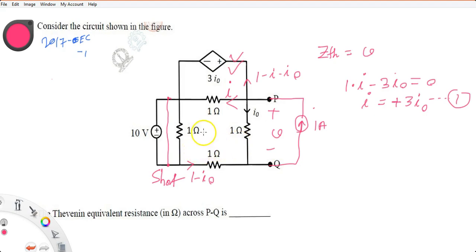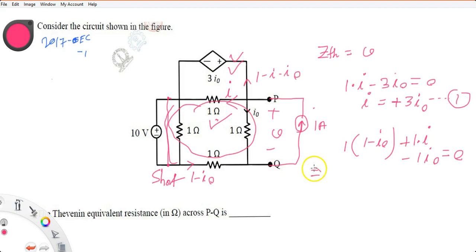Now next is through this loop: 1 into 1 minus I0, this is short, then plus 1 into I, then minus 1 into I0 is equal to 0 around this loop.